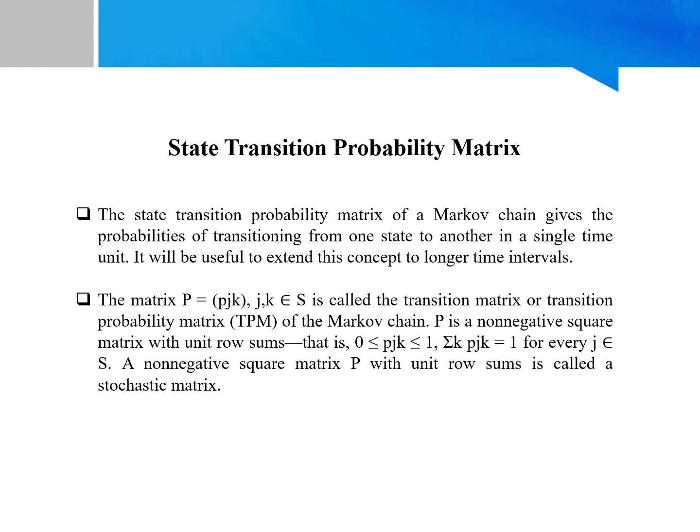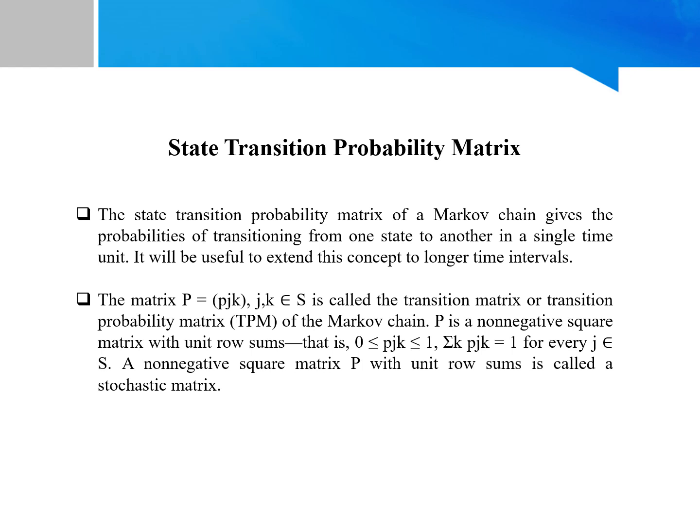The state transition probability matrix of a Markov chain gives the probability of transitioning from one state to another state in a single time unit. It will be useful to extend this concept to a larger time interval. First, we can consider a transition matrix for any finite m cross m matrix.